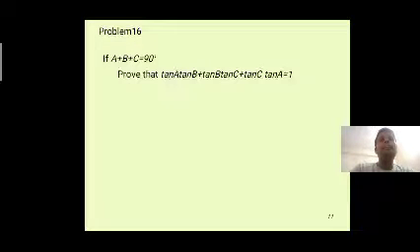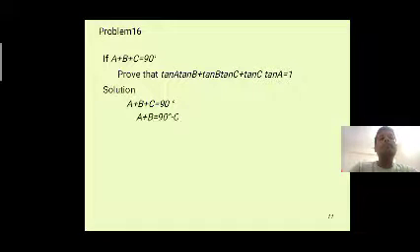Okay. Next we go to problem number 16. If a plus b plus c equal 90 degrees, prove that tan a tan b plus tan b tan c plus tan c tan a equal to 1. We know the condition a plus b plus c equal 90 degrees, and also we write a plus b equal 90 minus c.